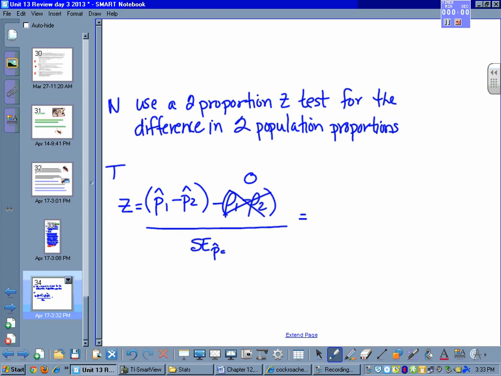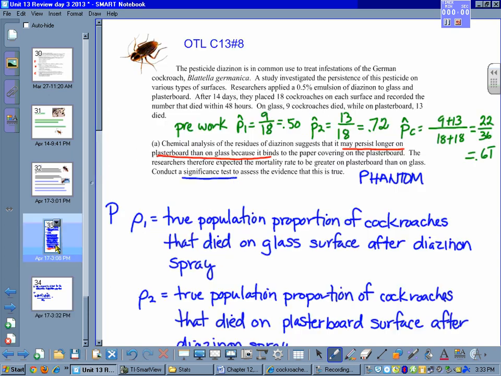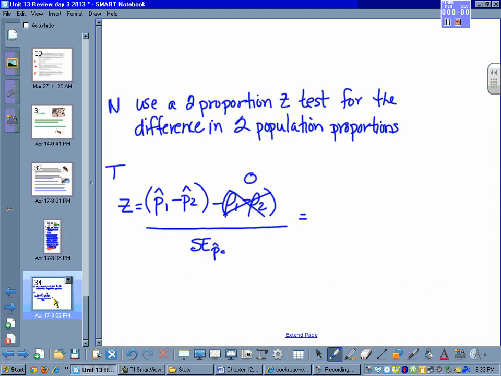So looking back up above at the last page, I see that p hat sub 1 is 50% and p hat sub 2 is 72%. So I'm going to go 50% minus 0.72, technically minus 0, although we don't need to put that in. And then I need to calculate the standard error.